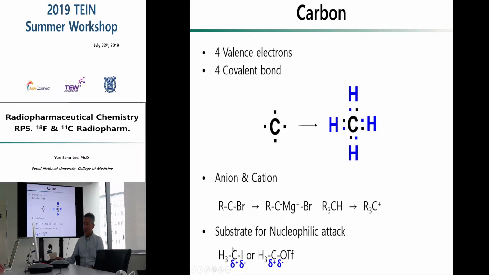This carbon center can make a compound from the other nucleophile, so this carbon should be activated. That's why we take iodine or triflate as a good leaving group, and then we can make different kinds of carbon radiopharmaceuticals.